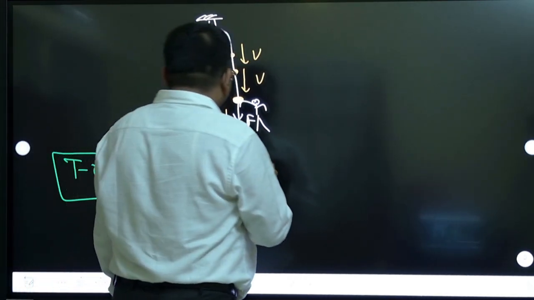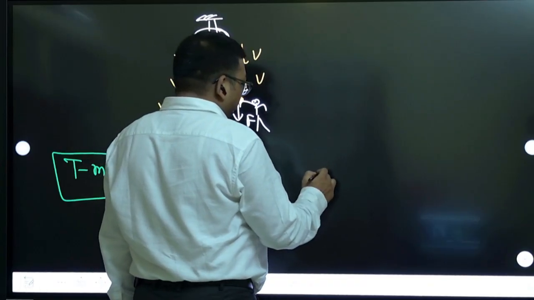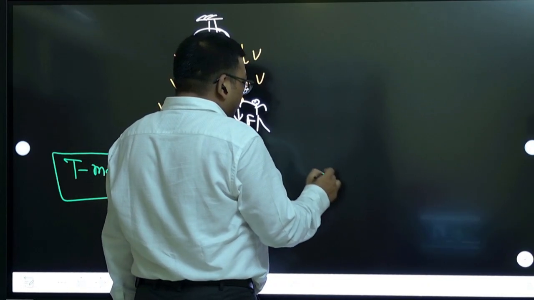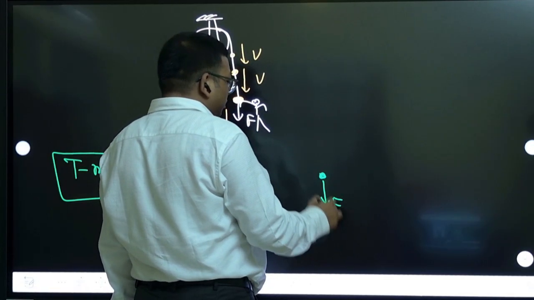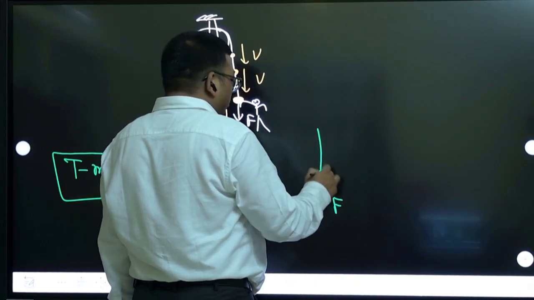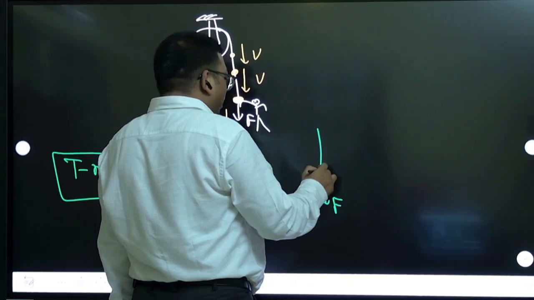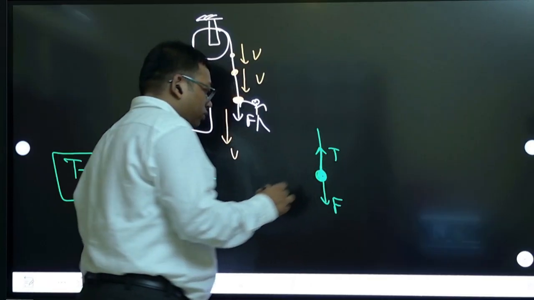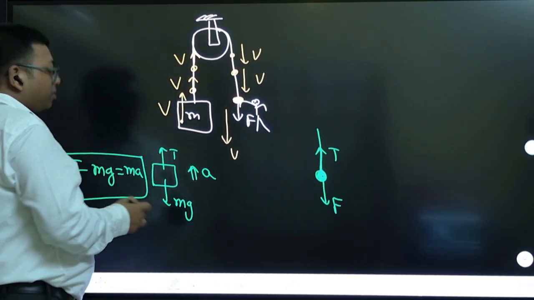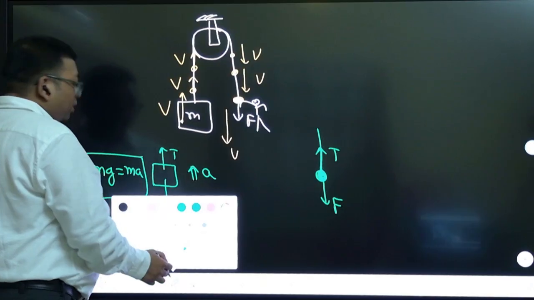Now if you see this point on this side, because the man is pulling it, he has applied a force F on this rope. This point of the rope is also being pulled by the tension force, right? Because a rope always pulls a point.